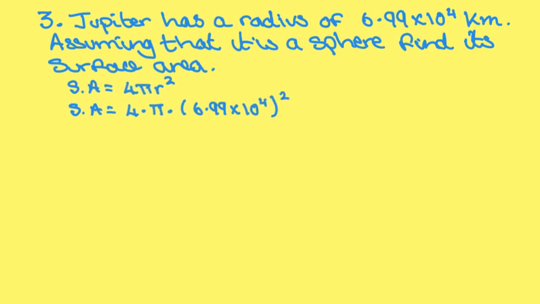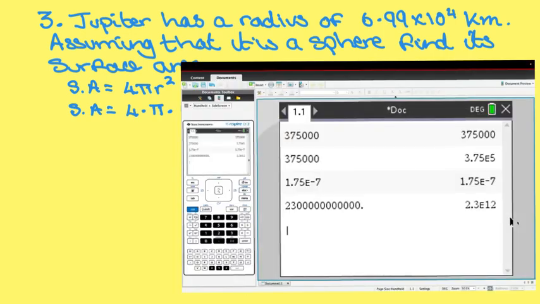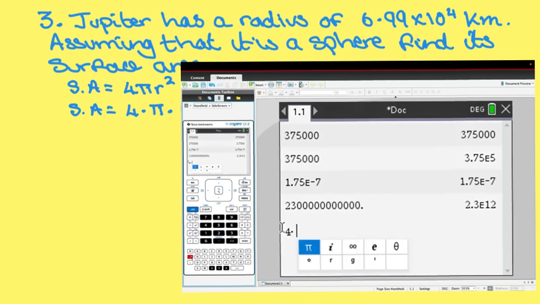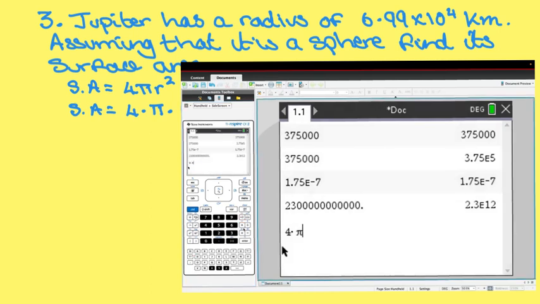I'm going to use my GDC to find an answer to that. So I'm back at my GDC, so I need to type in 4 times pi times brackets 6.99 e to the power of 4, come outside the brackets, I want to square that and press enter.